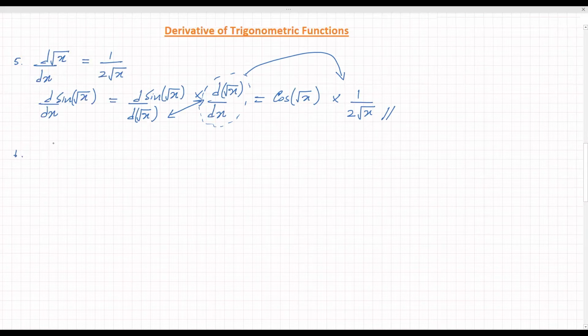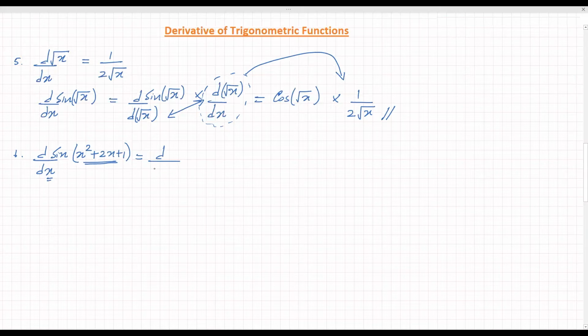Now, if we extend this idea, we can have another variation, which is d/dx of sine of x squared plus 2x plus 1. Now here, we can use the chain rule, since the variable involved with sine is x squared plus 2x plus 1, and you have to differentiate with respect to x.